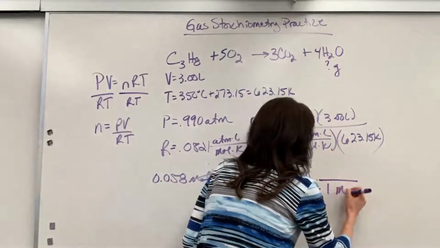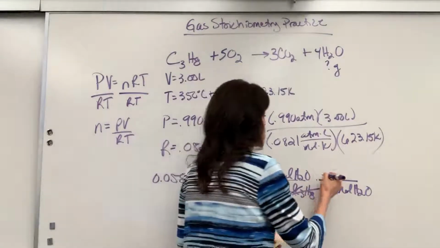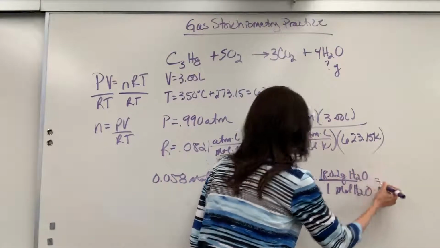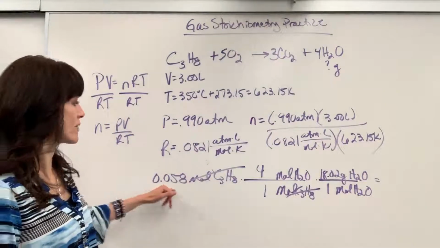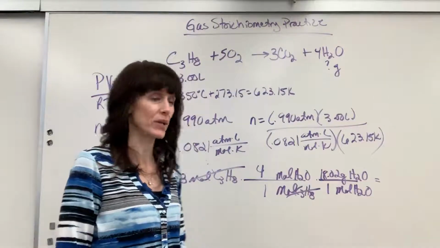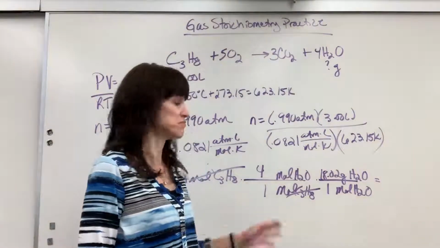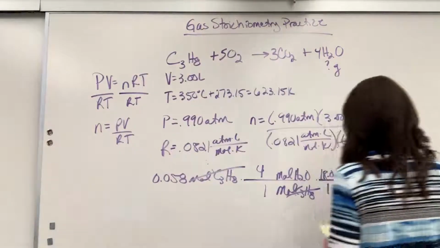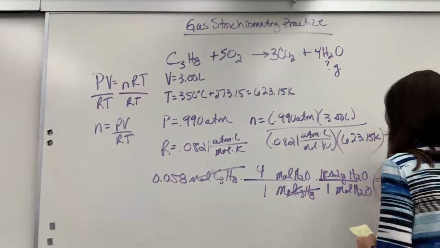So 1 mole of water, notice I put that in the denominator so it cancels, is 18.02 grams of water. So put this in your calculator: 0.058 times 4 times 18.02. Whatever's in the numerator we multiply, the denominator we divide. Ones we don't have to worry about, they don't change it. And we get 4.18 grams of water.